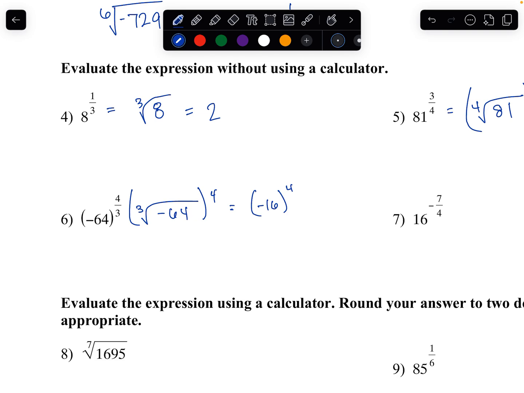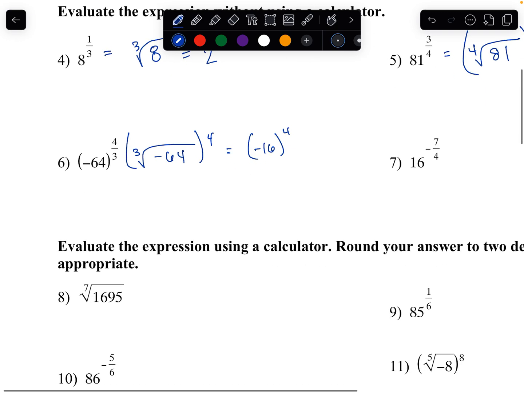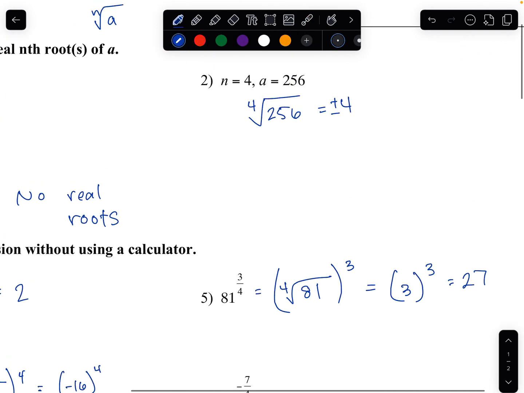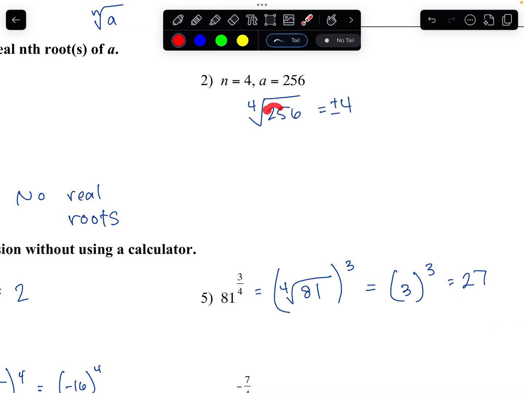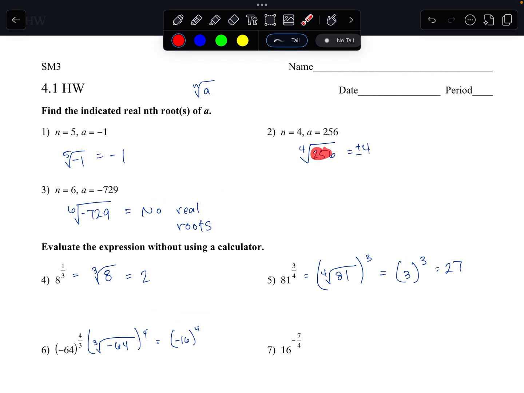Oh, okay, I'll be honest, I don't think I can do that without a calculator, but we can try. So it's going to be positive because it's to the 4th power. So I know that, and then I know 16 times 16. Didn't we do that earlier? 16 times 16 is 256, I think.